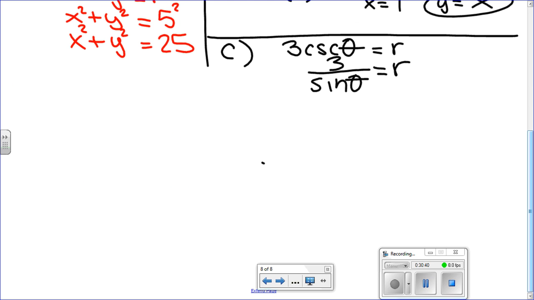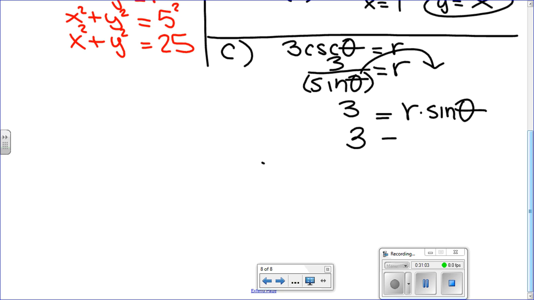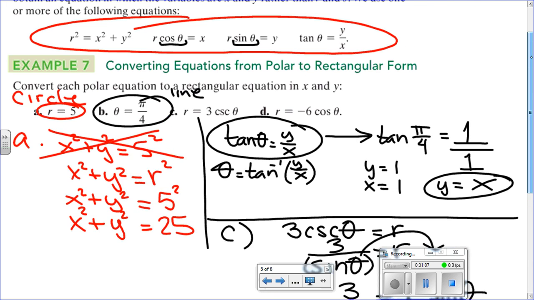So then, sine theta is dividing, so if I take that across, what is it going to do to the r? Multiply. And so what do we say about r sine theta? That equals x or y?